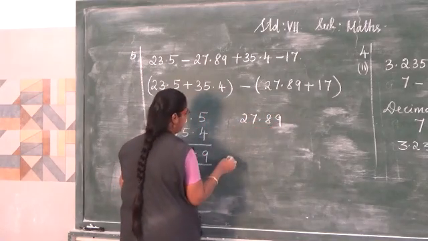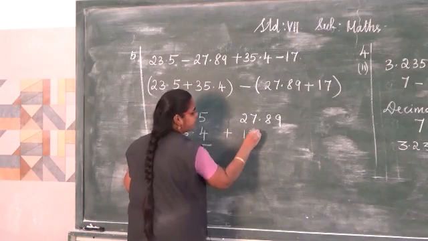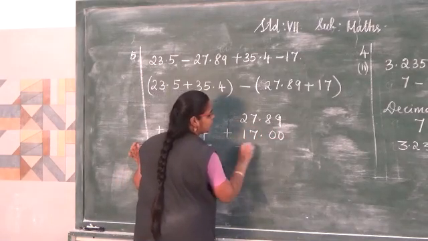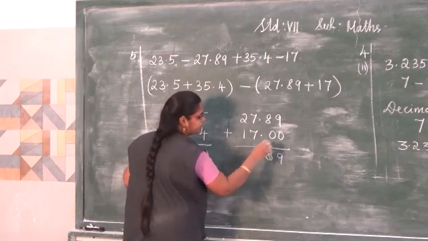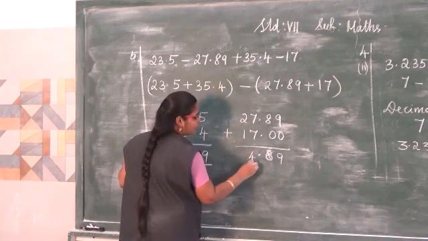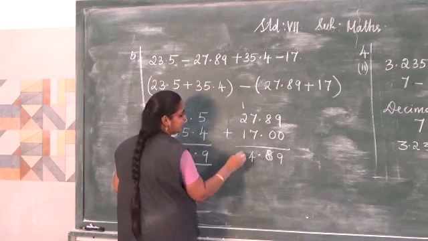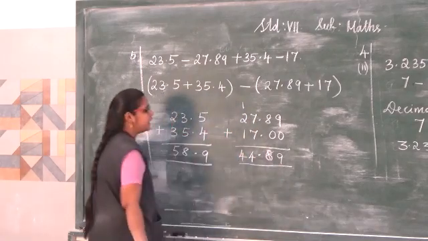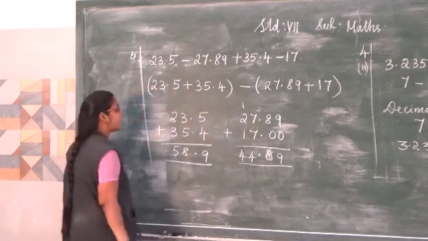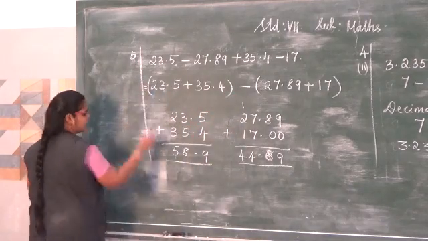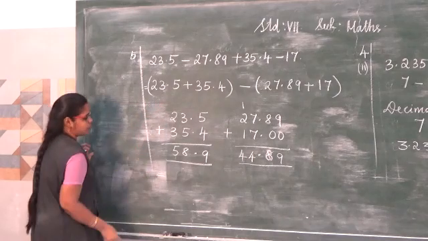27.89 then plus 17.00. So 9, 8. So 7 plus 7, 14, 1, 3, 4. 44.89. Then after these two things, what is the symbol here? Minus it is there. So you have to subtract these two things.